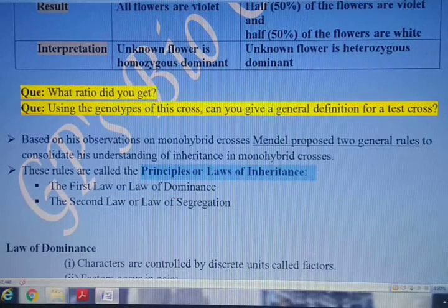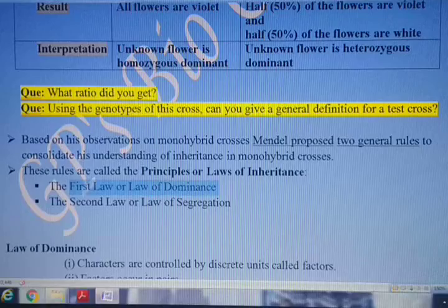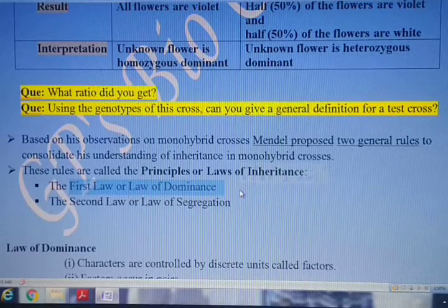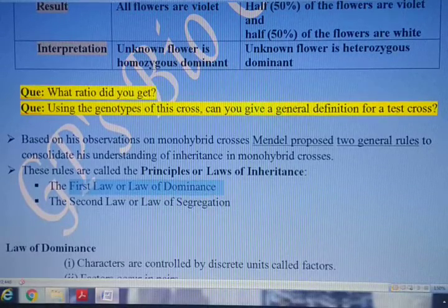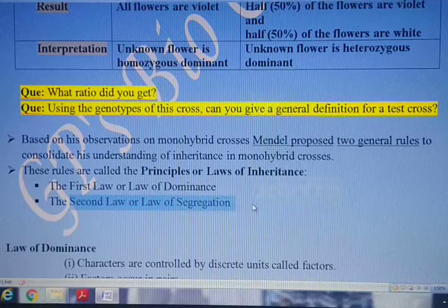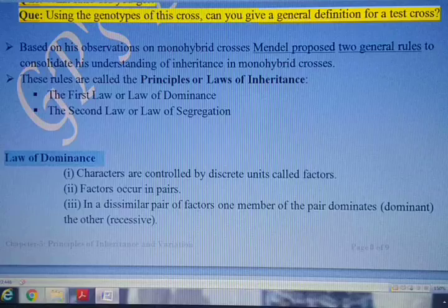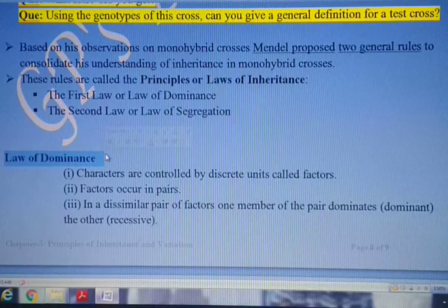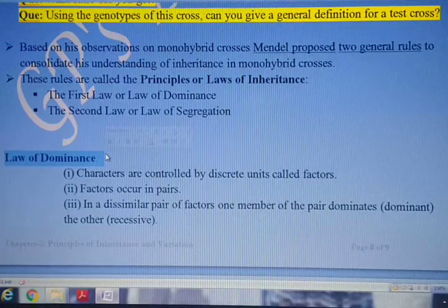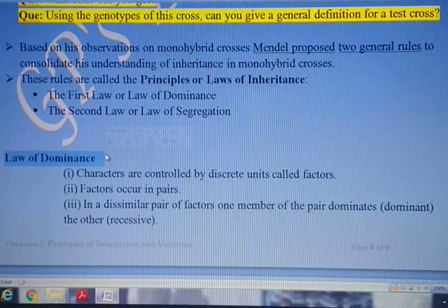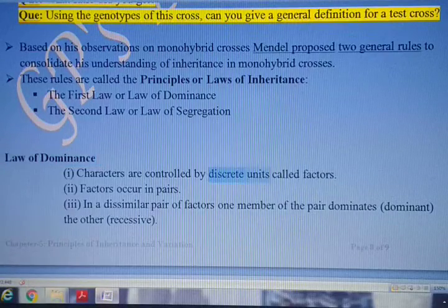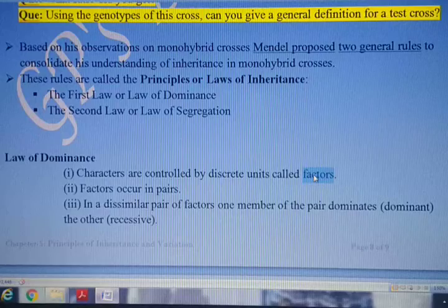One of the laws that he gave is called as what? First law or law of dominance, and the second law that he gave is called as what? Law of segregation. Now, law of dominance, what does it state? That all the characters are controlled by discrete units which are called as factors. During his time, he called them factors because genes were not known at that time.